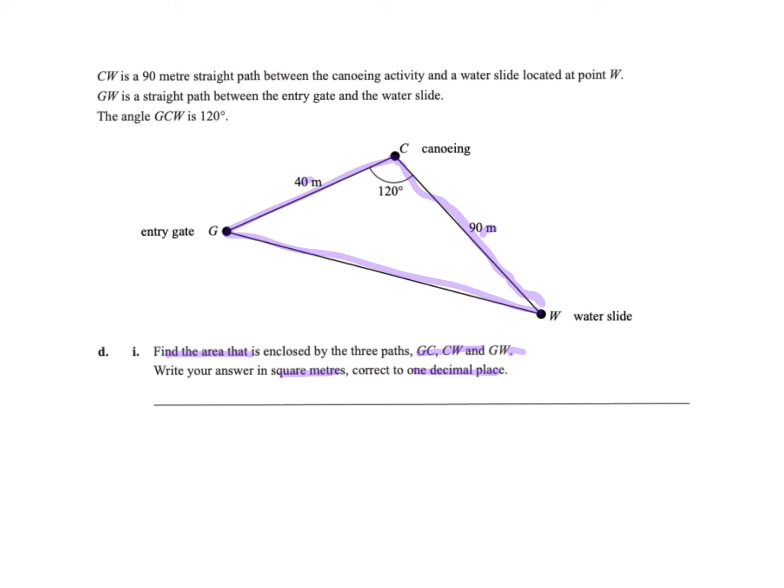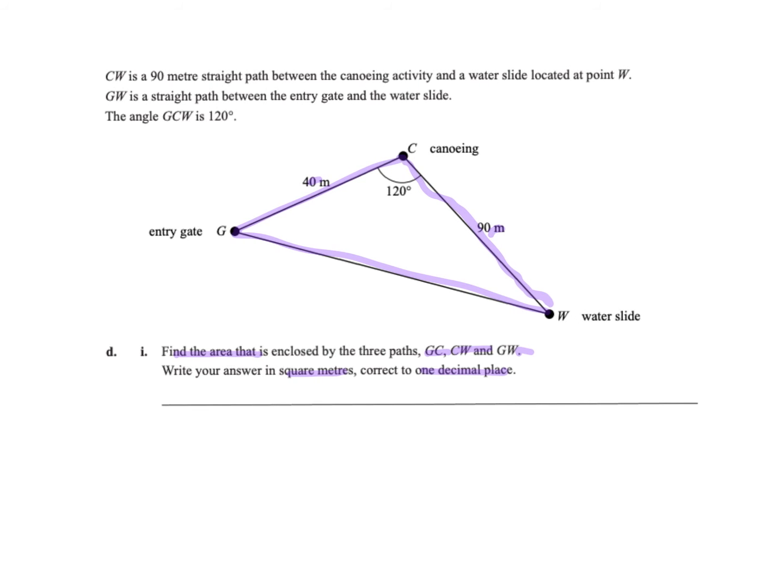Now I look here and I see that I've got 2 sides and the included angle. So I'm going to use the sine formula, where area equals a half times the 2 sides times sine of the angle in between them.